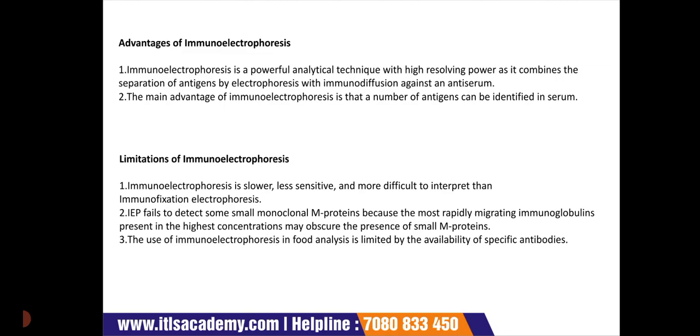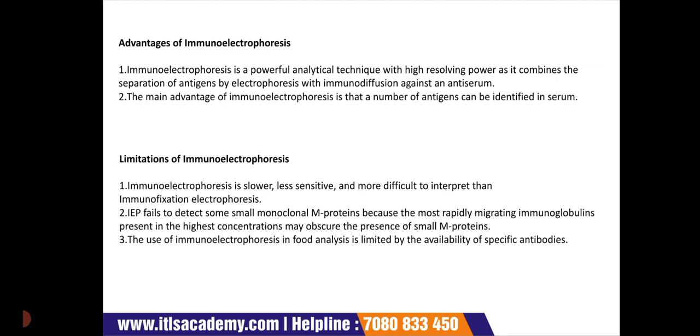Means if you want to detect something, the interpretation is a little bit difficult compared with immunofixation electrophoresis, which has good interpretability. Also, immunoelectrophoresis fails to detect some small monoclonal M protein.